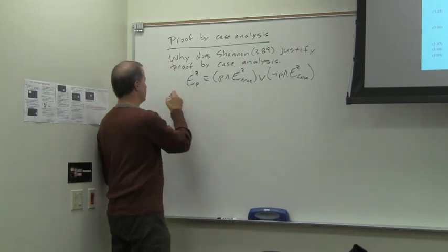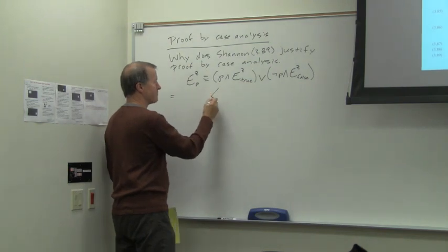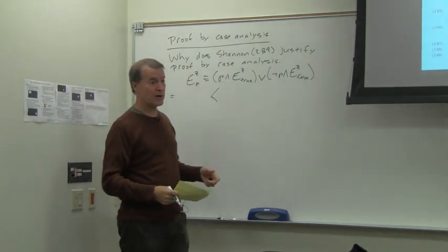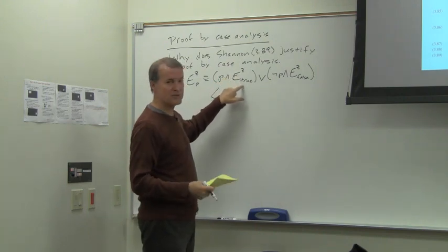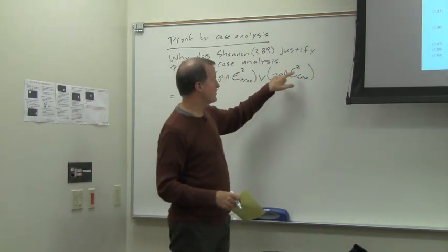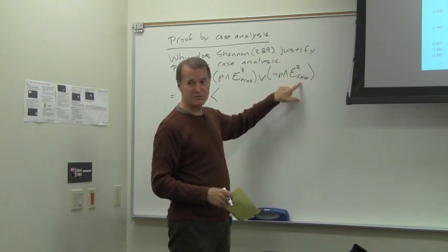So here's the thing. Suppose we do our proof by case analysis, and we actually prove that E with Z replaced by true is true, and we also prove that E with Z replaced by false is true, okay?